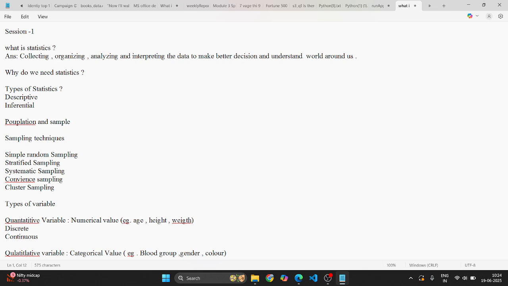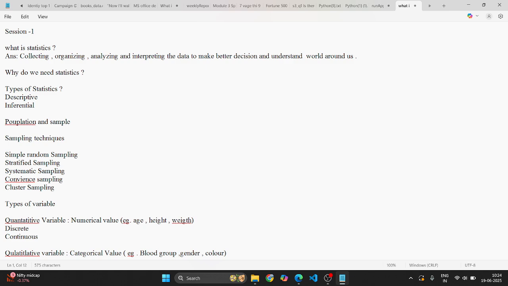After that, we studied population and sample. Population is nothing but the whole group of the data, and the sample is the subpart of the population, in which we select a small part from the population.